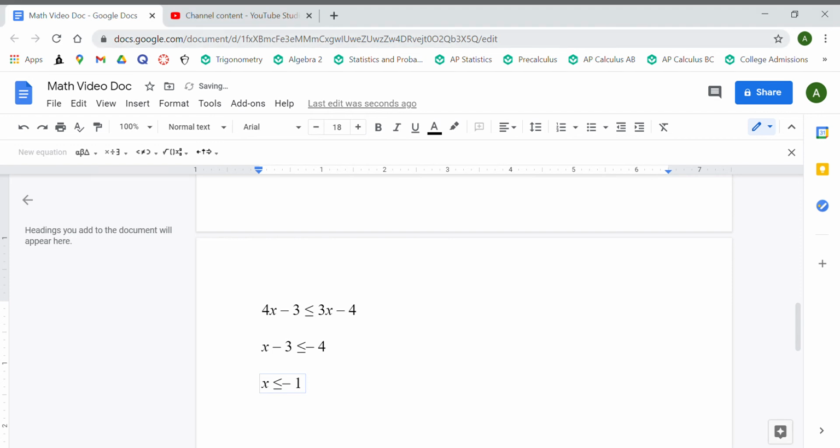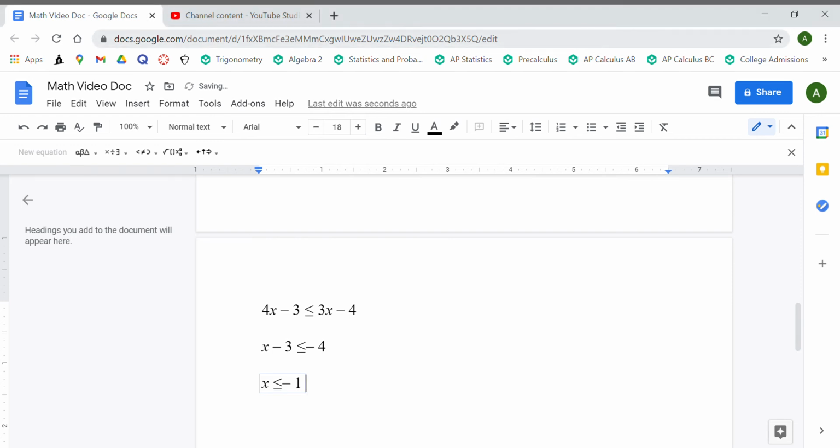It is a less than or equal to sign, so we need a closed circle. Shade to the left. There you go. Alright.